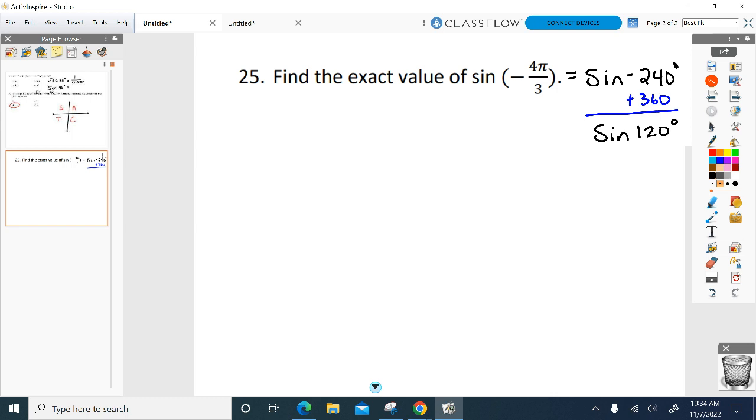Now I'm going to do reference angle. And the reference angle is 60. I am familiar with that point, aren't I? Or should be. And maybe that's the other thing you want to write down as far as your facts go. 60, what do you got? 1/2. Radical 3 over 2. Which one do I want? The sine y value, right? So I want radical 3 over 2.